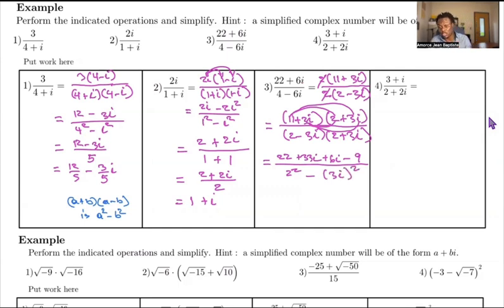It's not 3i squared; it's 3i in parentheses and squared, because that's going to be 9i squared, or negative 9, because i squared is negative 1. So that's plus 9. So the bottom is 4 plus 9, that's 13. The top, 22 minus 9, is 13.